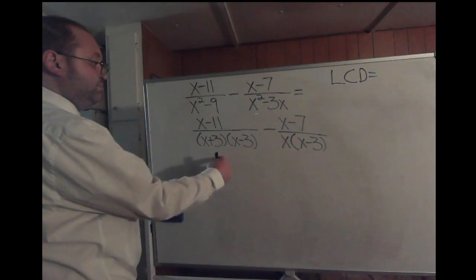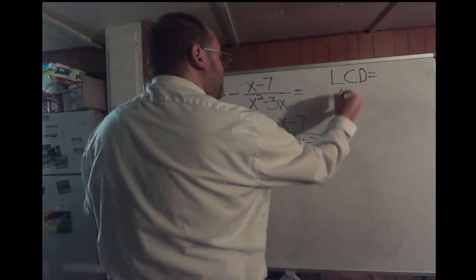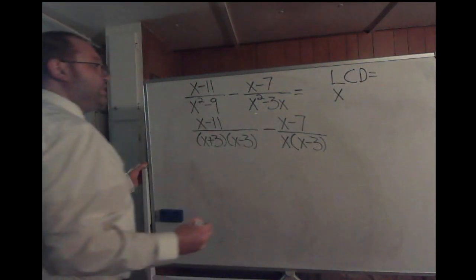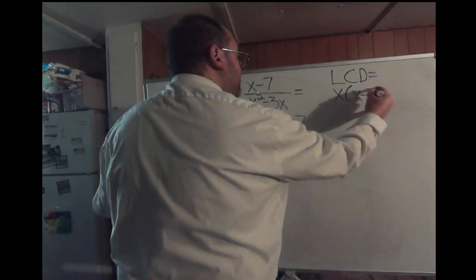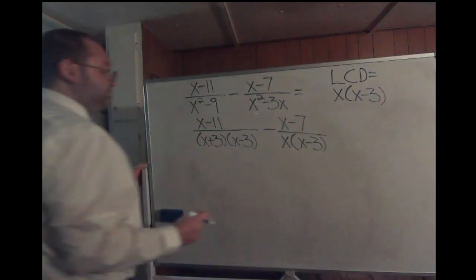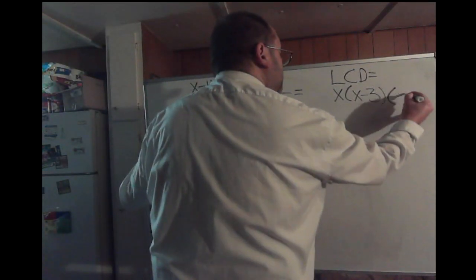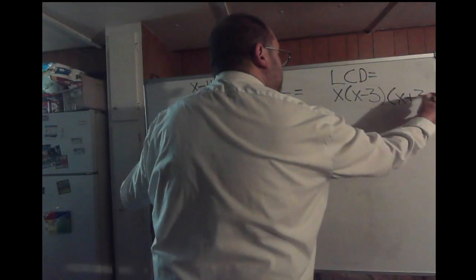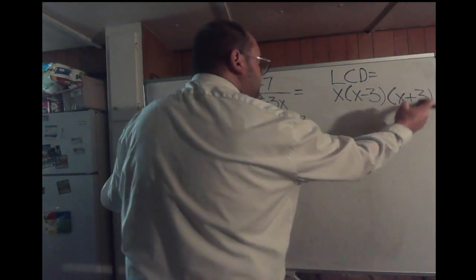But the first term doesn't just have an x outside of it, so definitely x will be in your least common denominator. So will x minus 3. Now, the second term doesn't have an x plus 3, so what your least common denominator is going to be is x times x minus 3 times x plus 3.